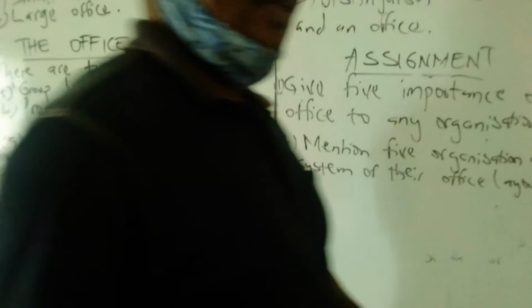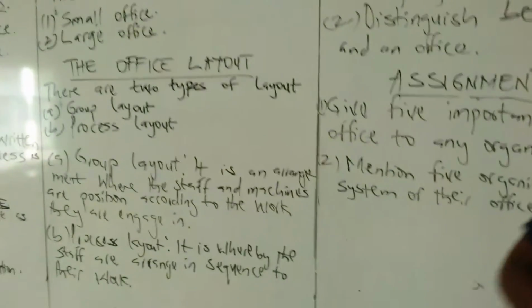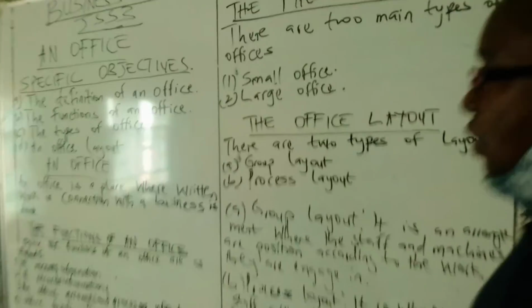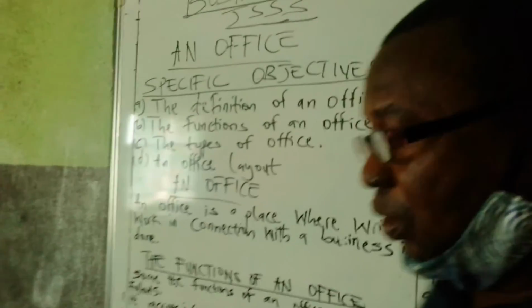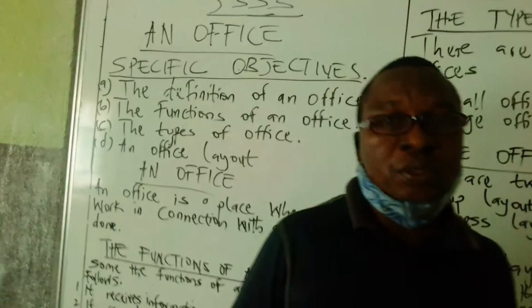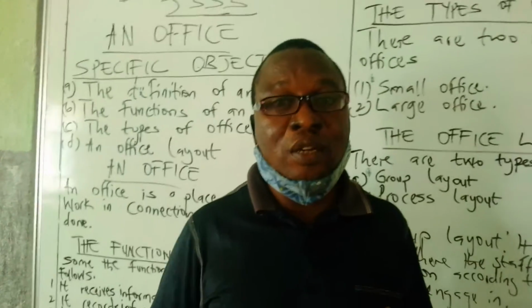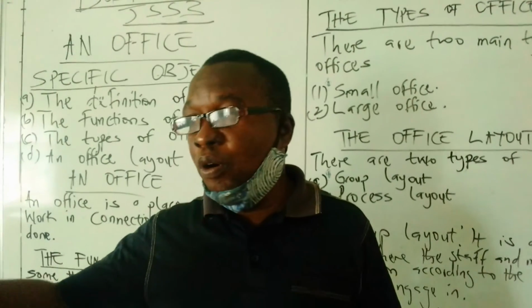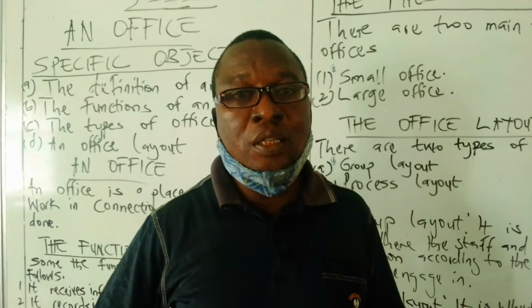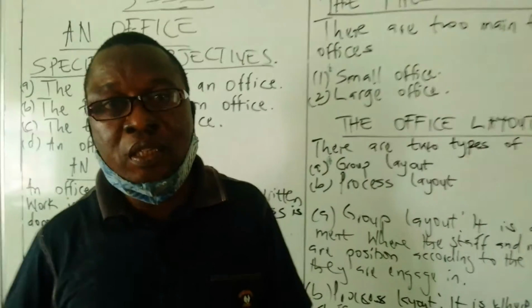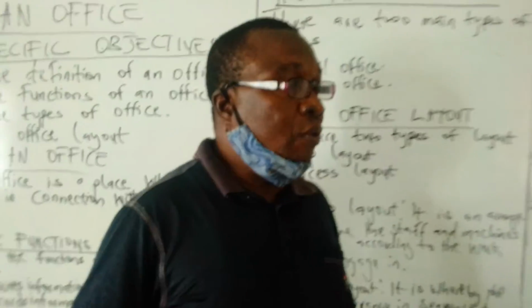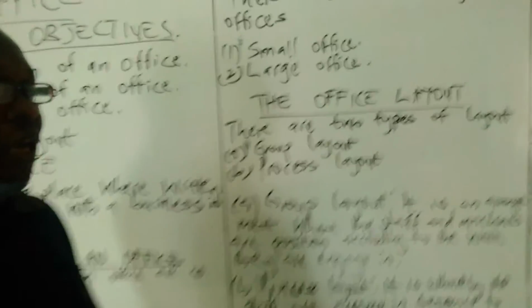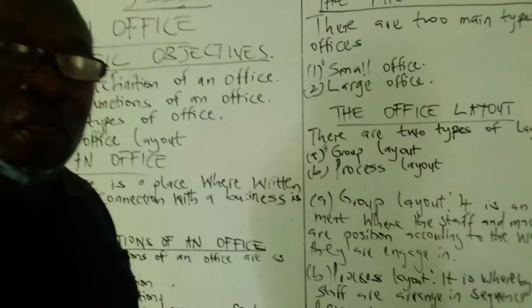Okay, now finally, the summary. We have been talking about an office. In an organization you have various rooms, and those rooms are known as offices. Is that clear? Like what we mentioned in the bank, you see various rooms; those are offices.